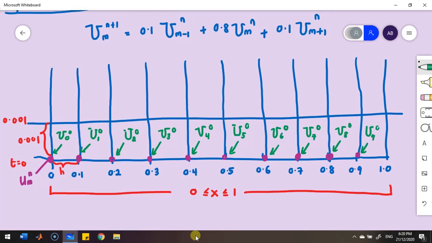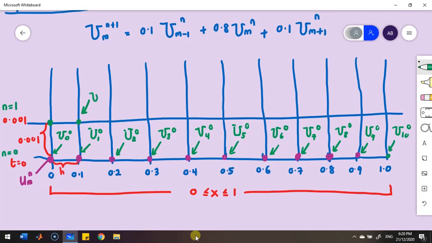Okay, and obviously this point here is my U10, 0. This is the boundary value at 1. Then what you want to find are the values in all of this. This one will be 1, but my N is now 1. N is 0 here, N is 1.